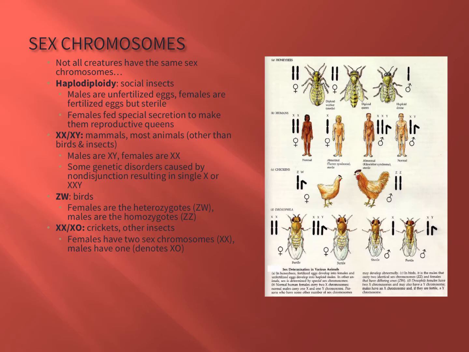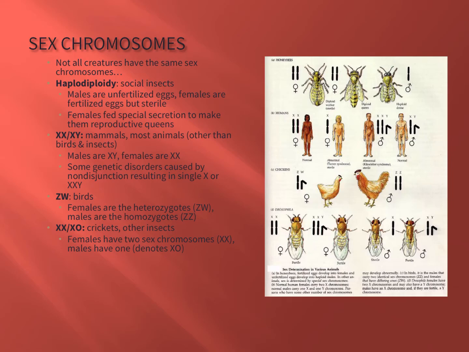They can also generate diploid females by creating a fertilized egg. The queen bees go around and collect sperm from many different male bees, and they collect that sperm into an organ for sperm collection, and then they can control when their eggs are fertilized and which eggs get fertilized or not.